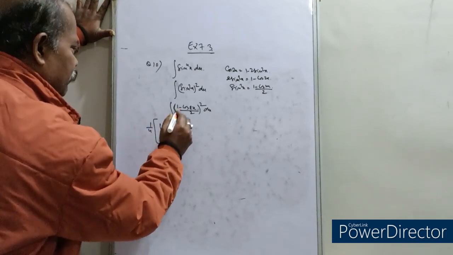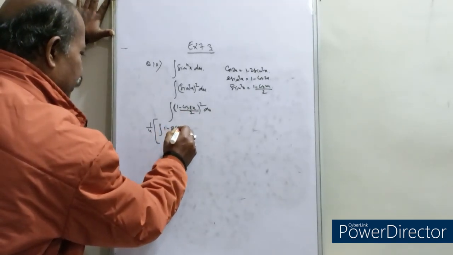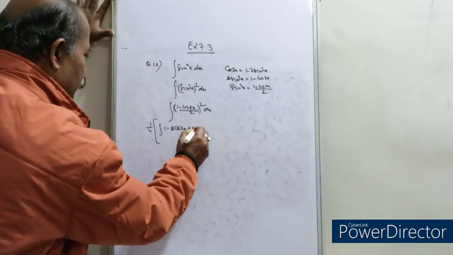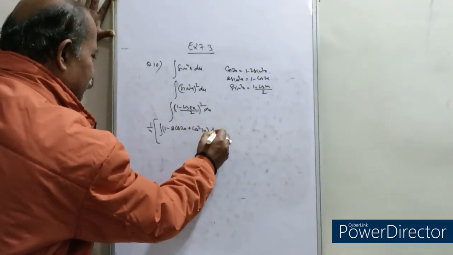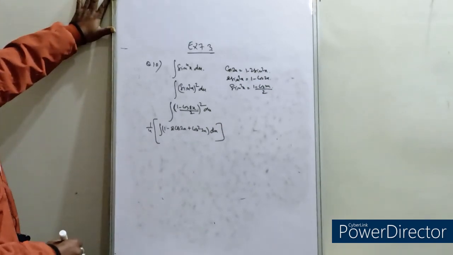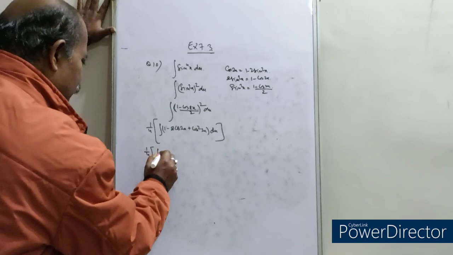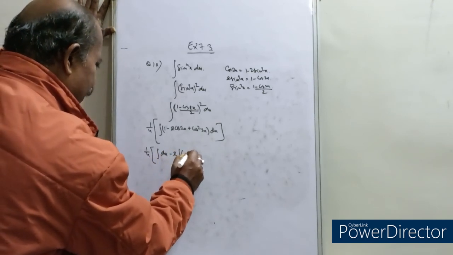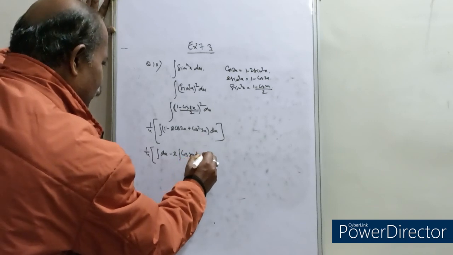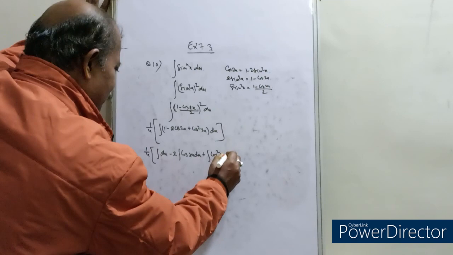So this will be a minus b the whole square, a square minus 2ab plus b square, dx. So here this will be equal to 1 by 4, integral of dx minus 2 cos 2x dx plus again cos square 2x dx.